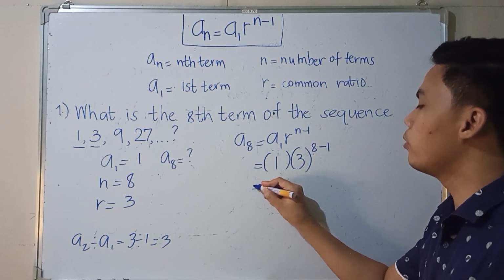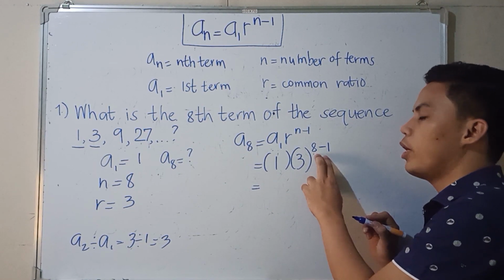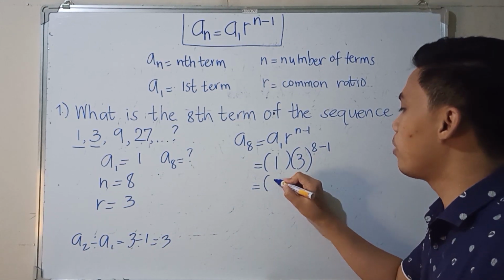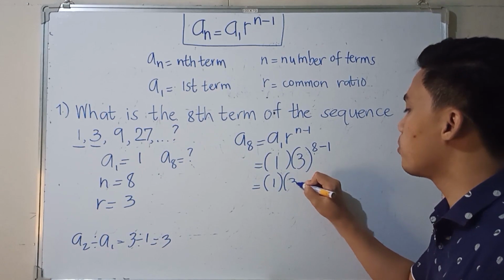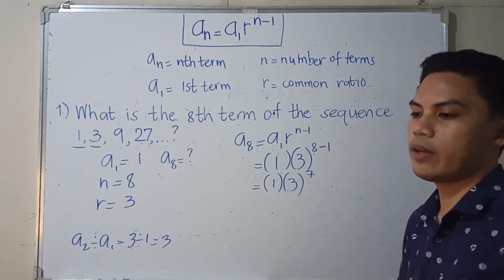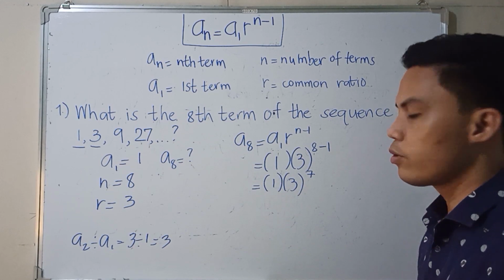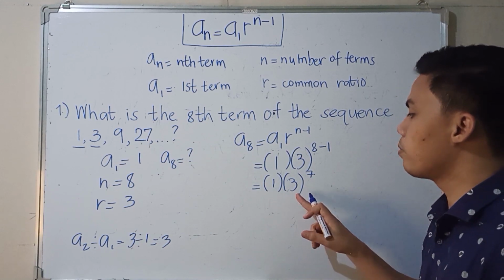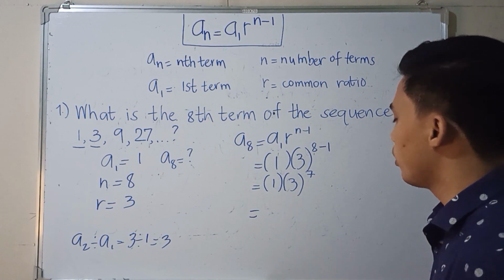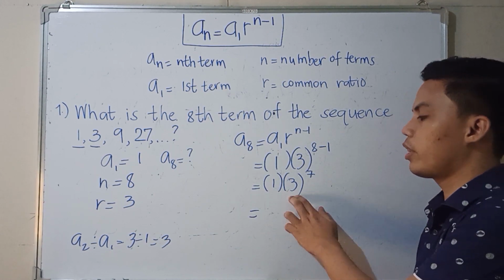Okay. So, pinakauna natin isosolve dito is yung exponent. Kailangan natin isubtract sila. So, copy lang muna yung iba. 1 times 3. 8 minus 1 is equal to 7. Okay. So, we have 1 times 3 raised to the power of 7. Yung una natin isosolve is si 3.